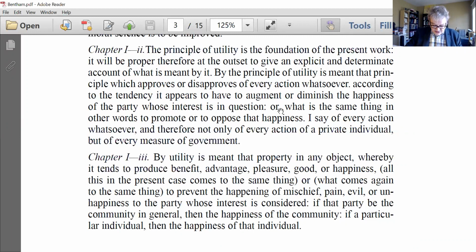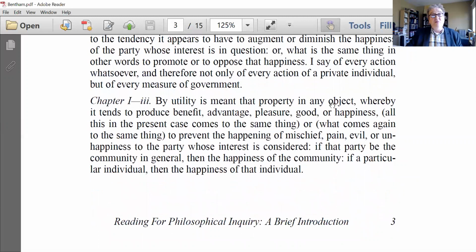By utility is meant that property, by the way, I will be skipping around because I don't have time to read the whole thing, and that would just be way too boring. So I'm just going to bore you a little bit, maybe more than you'd like, but in order to explain the reading, I think this is a good way to do it.